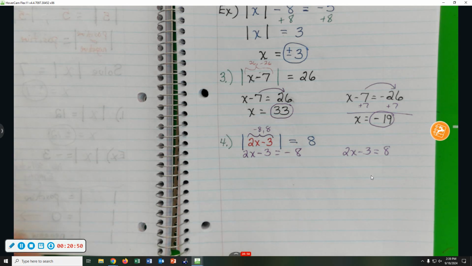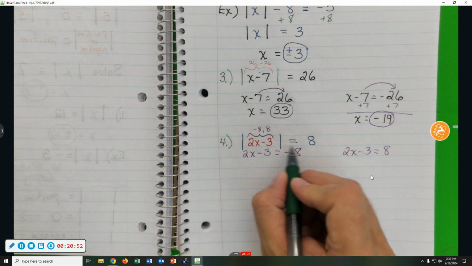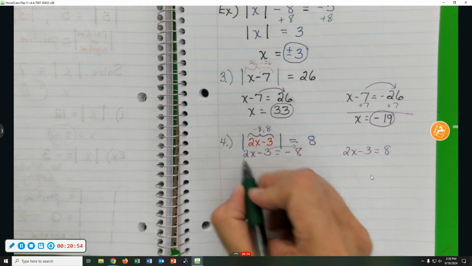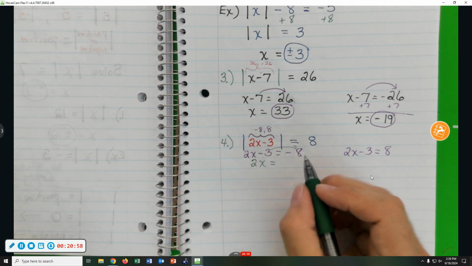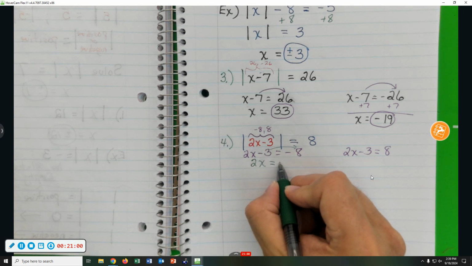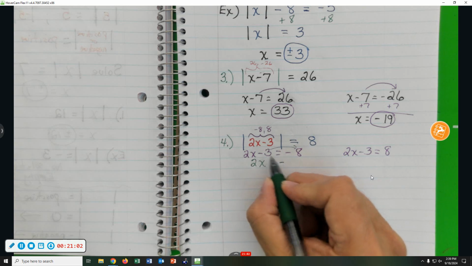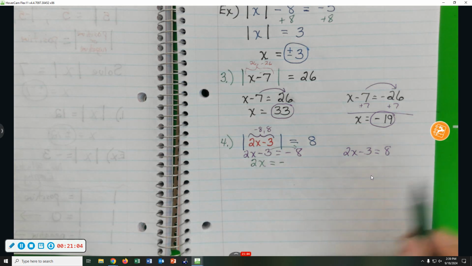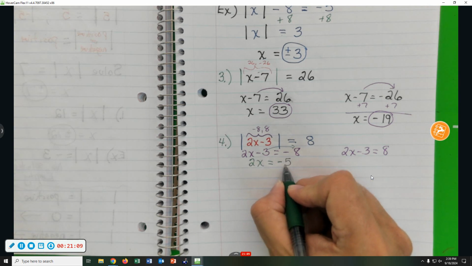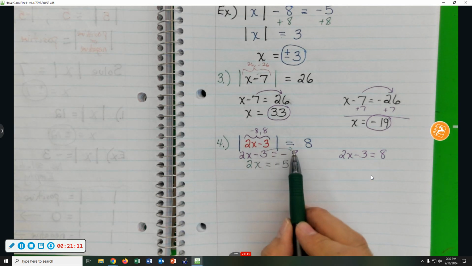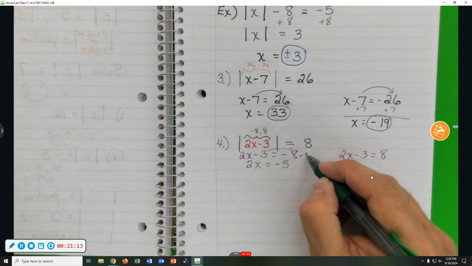Okay? Now, let's see, what would I do here? I'll add 3. So we have 2x equals negative 8 plus 3. Oh, wait. I'm doing the negative 8 first for no reason. I'm thinking it's going to be a negative 5, right? If you add 3, negative 8 plus 3.